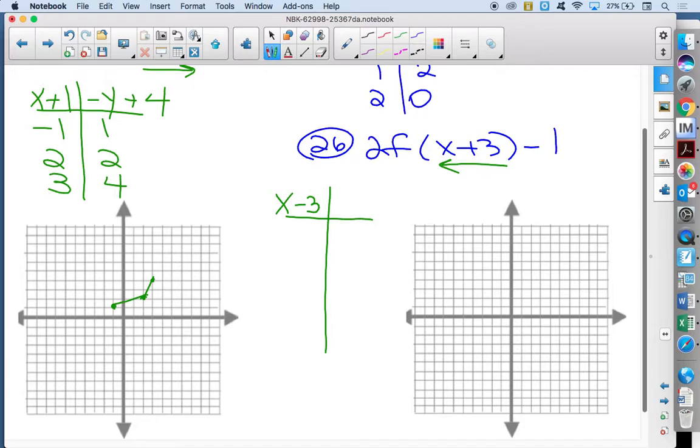What about the y? The y is a minus 1, but this 2 also goes with the y, because it's with the f. Anything that's with f of x has to change to y. So if you see an f, really that's saying 2y and then minus 1. So the outside numbers always go in the y column. The inside numbers are really the x, and it's the opposite to get your x.